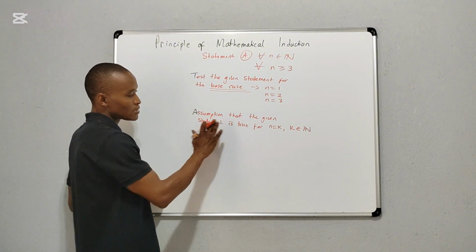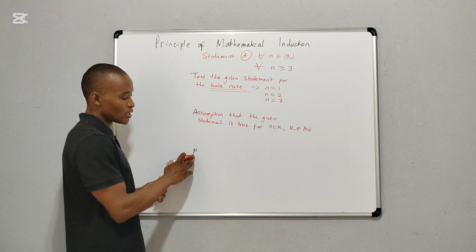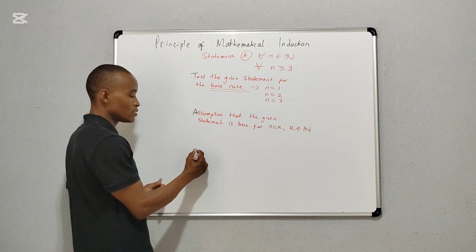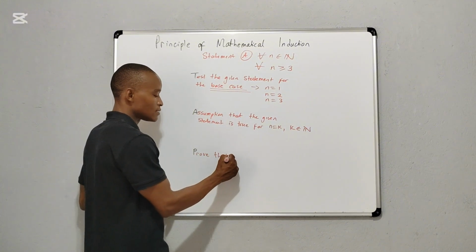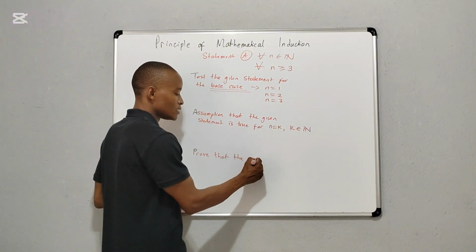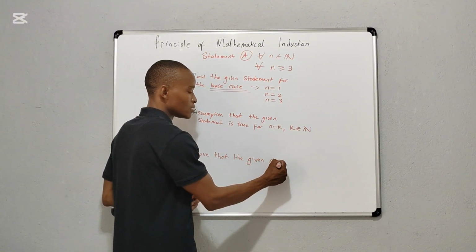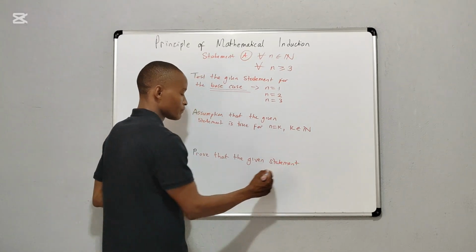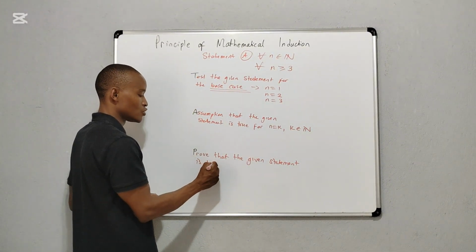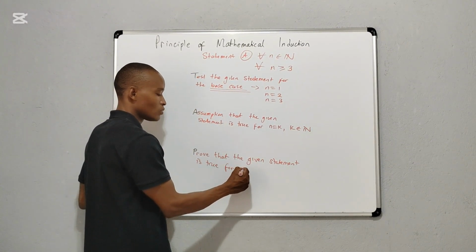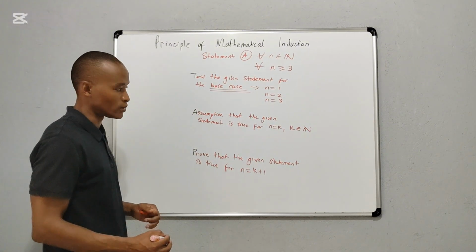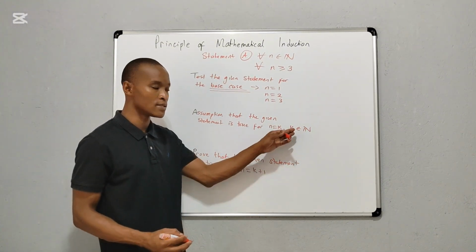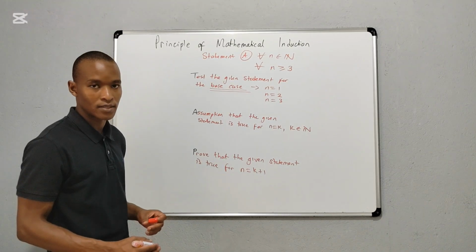So after this assumption step, you now prove, that is the letter P, that the given statement is true for n equal to k plus 1, and k is still in the same set, natural numbers.